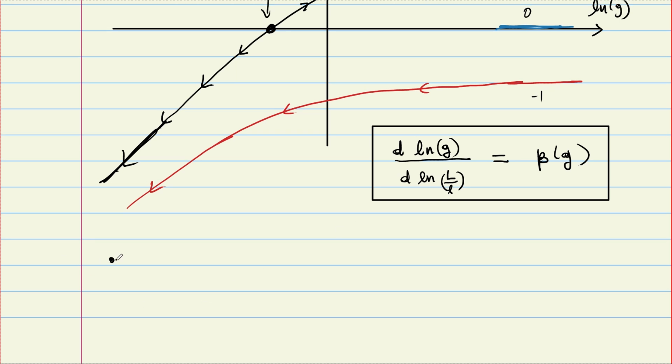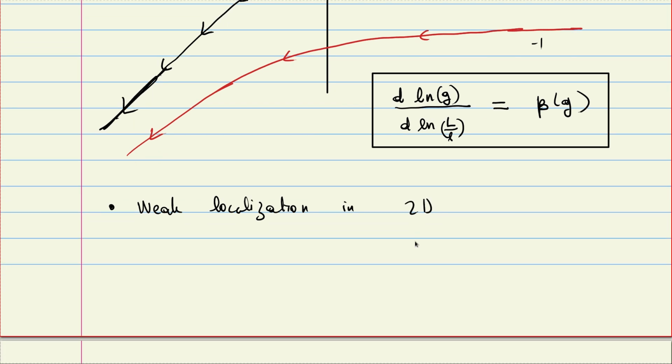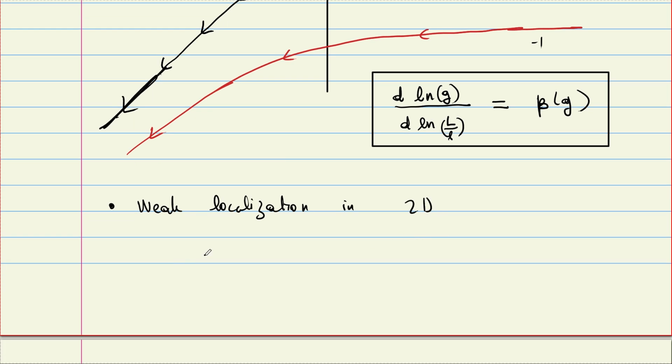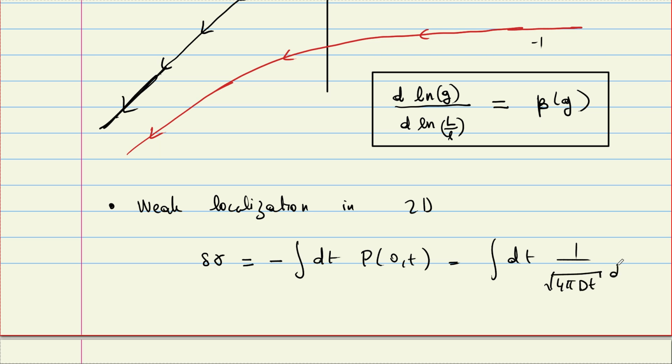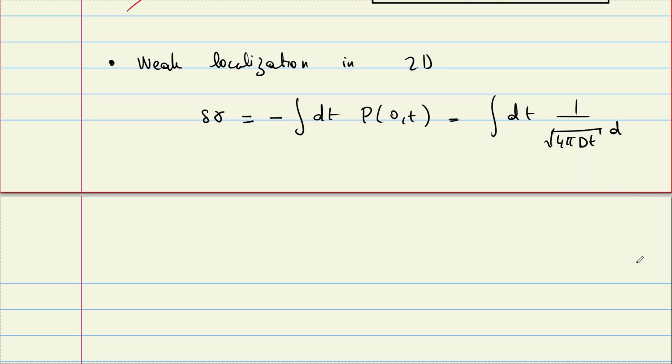And for that, I'm going to consider weak localization. In 2D, if you remember, we found a correction to conductivity, which was minus the integral of dt times the return probability, proportional to dt over (4 pi Dt) to the power d/2.